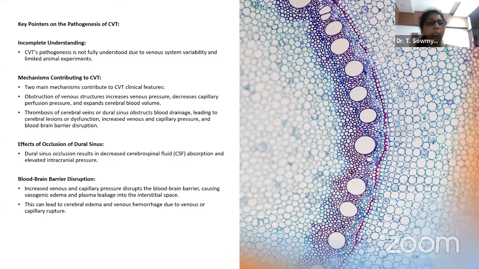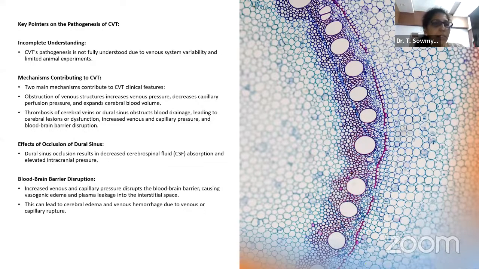And coming to the second mechanism, normal CSF absorption usually occurs in the arachnoid granulations, and there is also a lymphatic system in the arachnoid space, which helps to clear the CSF.